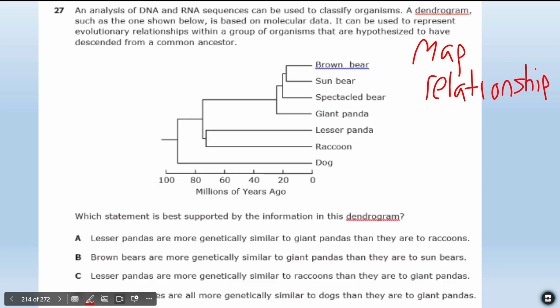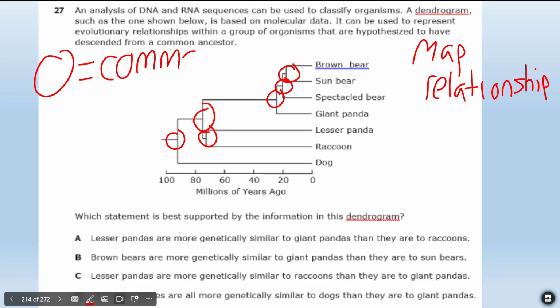And what we see is these kind of branches. Here's a branch, there's a branch, these branch points. So we see all these branch points. The branch equals a common ancestor. So basically, when was the last time that they were coming from one species? Now a branch point, so here's our branch.